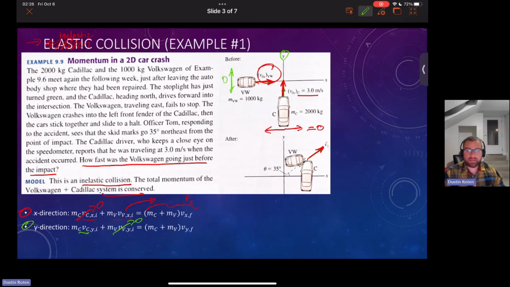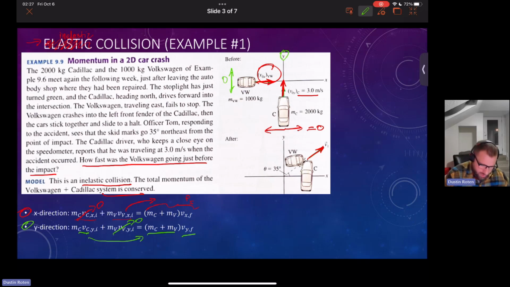Okay, so that means in the y direction, the forward direction with regards to the Cadillac, even though they smash together and have a common mass and a common velocity afterwards, all of that final momentum in the y direction is just supplied by the Cadillac.